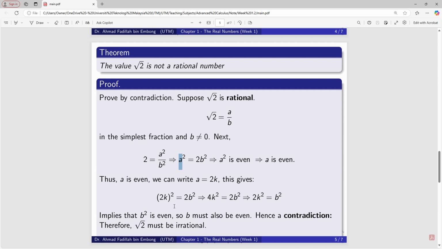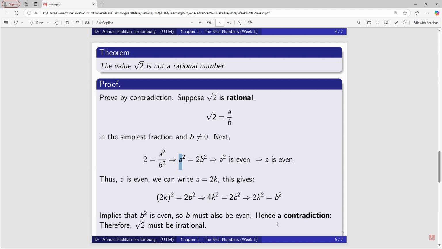So we will have (2k) square equal to 2b square. Expanding the square, we will have 4k square, and rearranging, 2 cancels with 2, then we will have 2k square equal to b square. This also implies that b square is a multiple of 2, which means that b square is even. So again, using that lemma, when b square is even, b is also even.